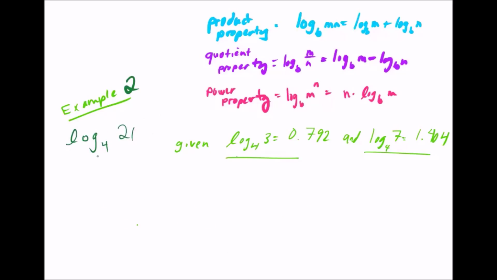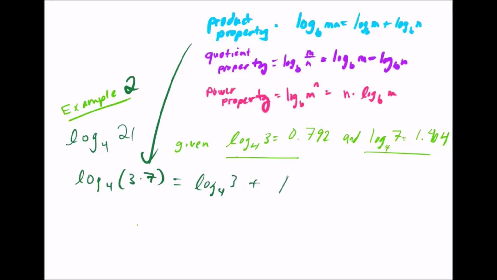Another example is log base 4 of 21, given log base 4 of 3 is that and log base 4 of 7 is that. Same thing. We don't know what log base 4 of 21 is, so we're going to break this down into its parts. It's log base 4 of 3 times 7, so we use the product formula: log base 4 of 3 plus log base 4 of 7.